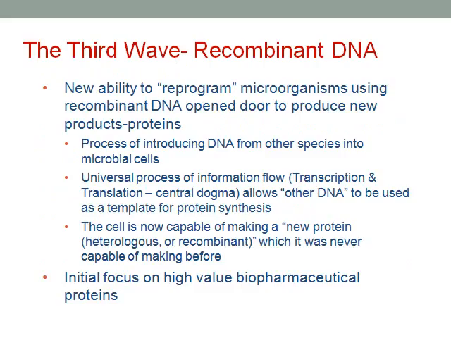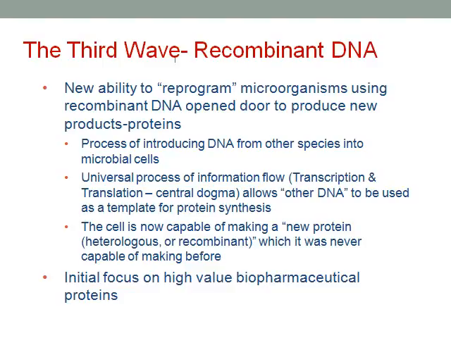More recent developments have led to the third wave, recombinant DNA. The ability to reprogram microorganisms using recombinant DNA opened the door to produce new products such as proteins. The process of introducing DNA from other species into microbial cells, the universal process of information flow, transcription, and translation, allows other DNA to be used as a template for protein synthesis.